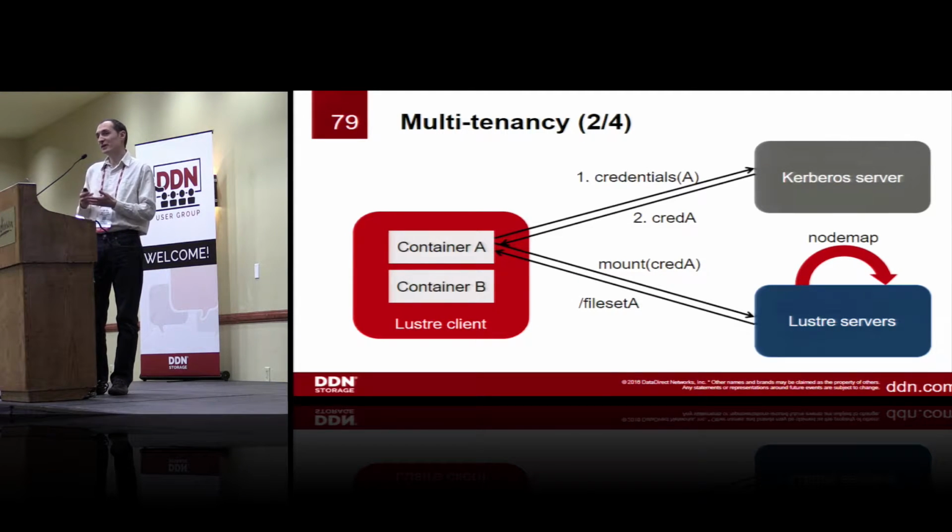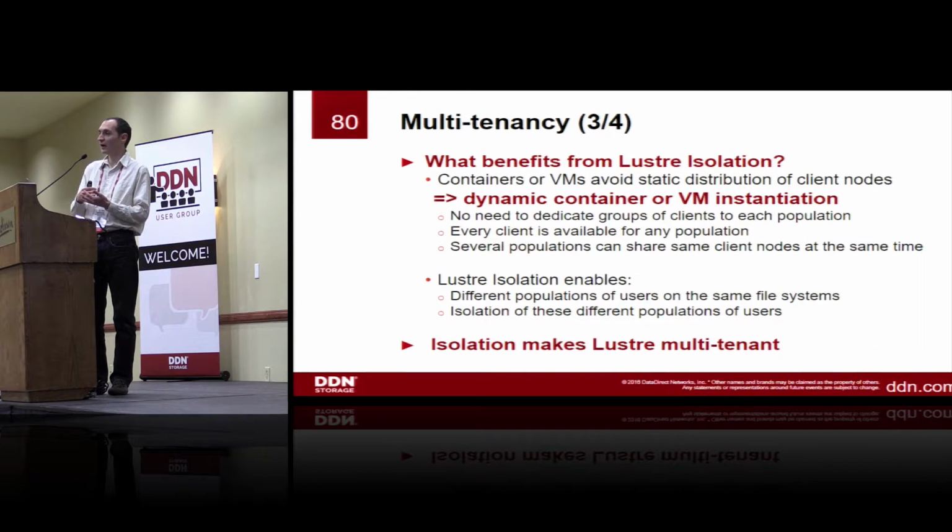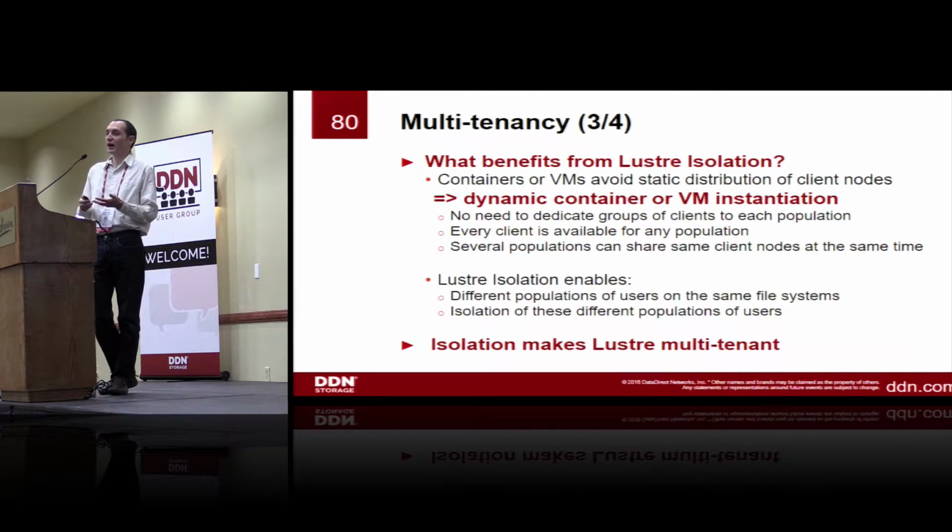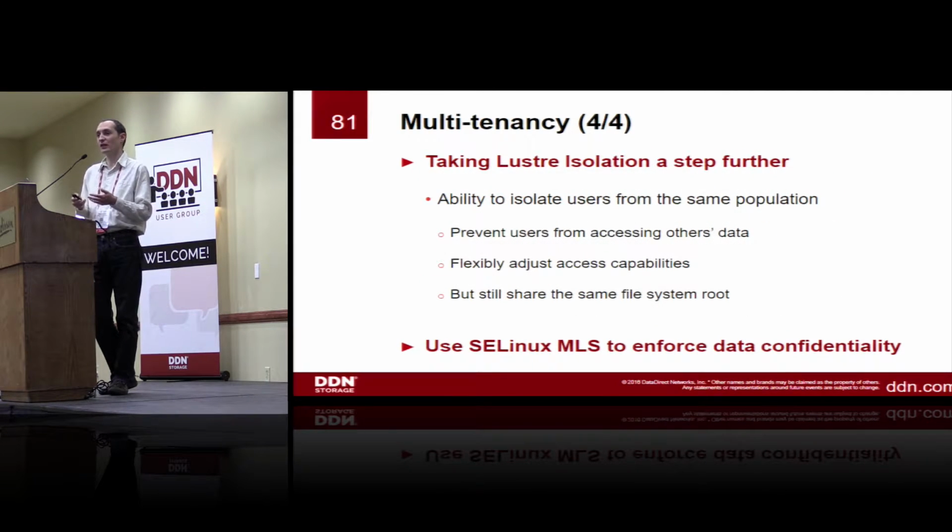So automatically, when a client mounts Lustre from within a container, it will be presented only the subdirectory that was defined on the Lustre server side. This means the container or the VM will only see a portion of the global Lustre file system. It's really cool because it avoids having to statically assign resources on Lustre clients for different populations. You can just dynamically instantiate containers or VMs and mount Lustre from them. So really, this makes Lustre multi-tenant.